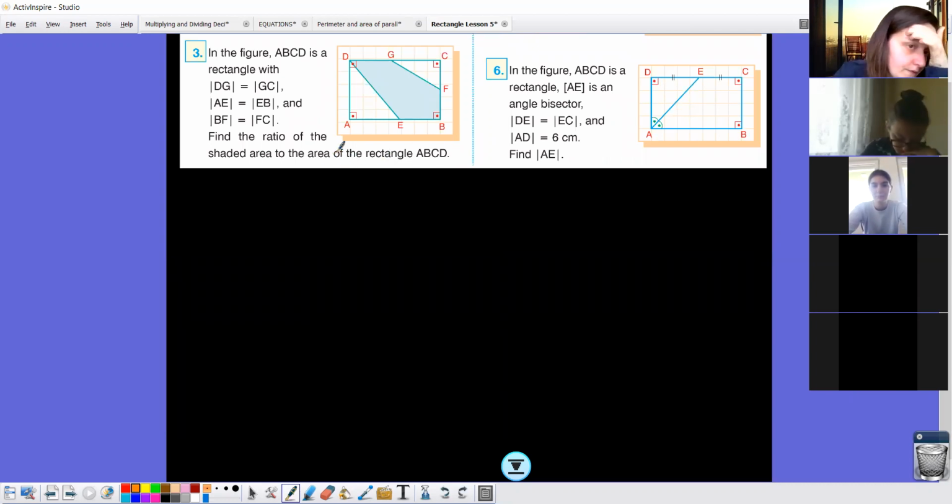We can form 3 triangles if we join E and F, G and E. And how will you find the areas? Look, no side is given. No number is given in the question.